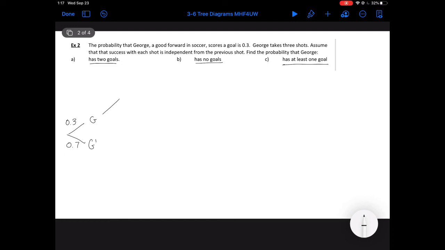Our next branch, if he scores 1, they're independent. So he could score another goal or he could not score. And our probabilities are the same again. So same thing, on his second shot, he could score or not score. And then same thing on his first shot, score or not score. Okay, as we're going down, we're just counting all the possibilities and considering each of the possible combinations.